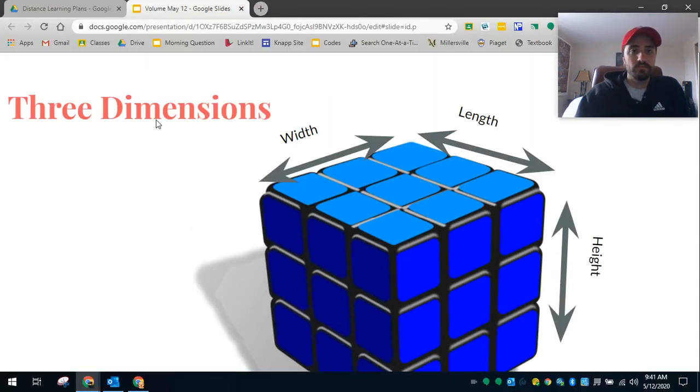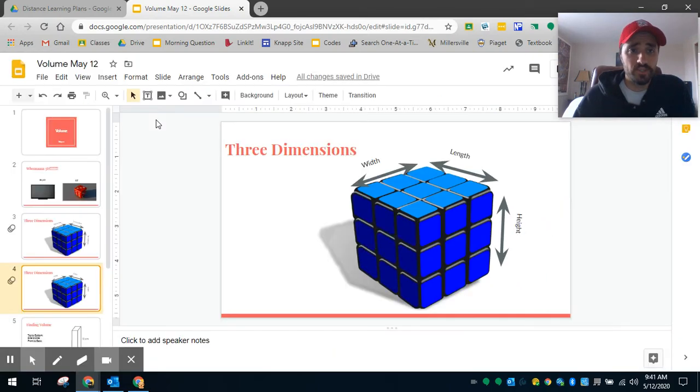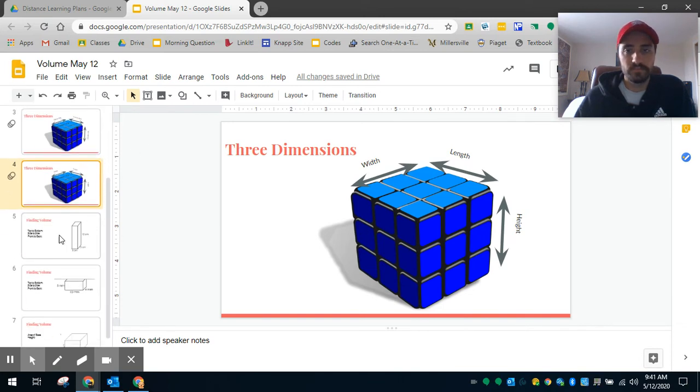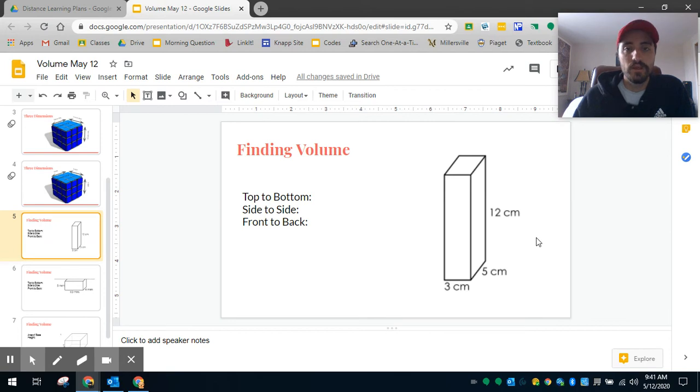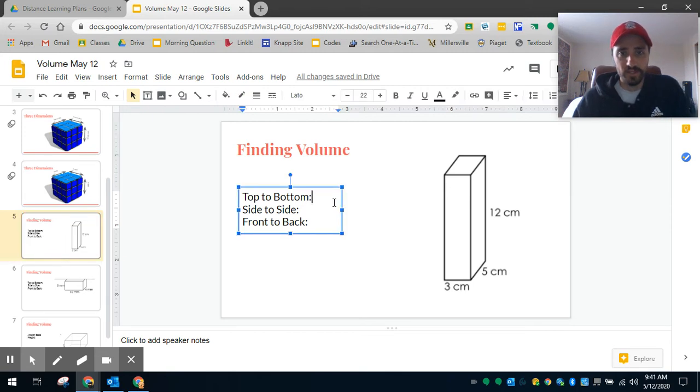How are we going to use our dimensions to find volume? Let's look at this image right here. We know we have to find three dimensions. So tell me, for this rectangular prism, what would be the top to bottom or the height? 12 centimeters.